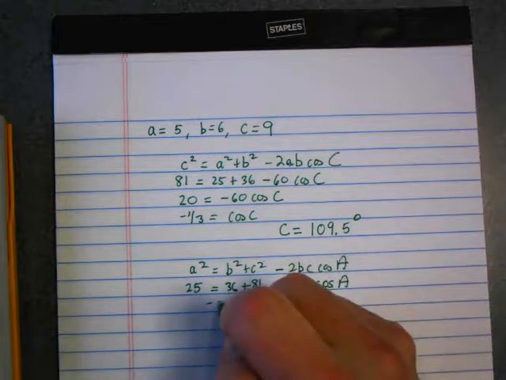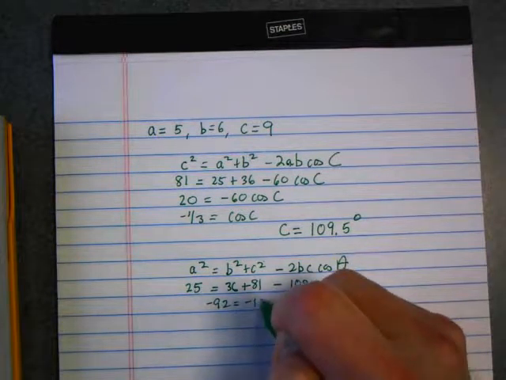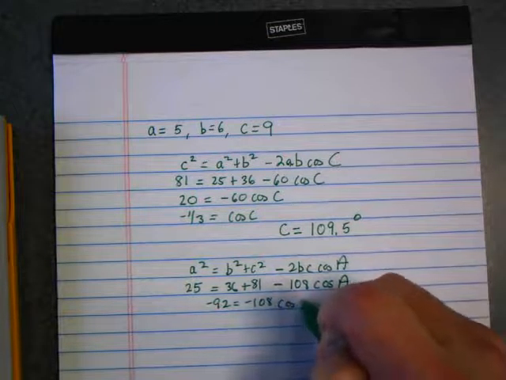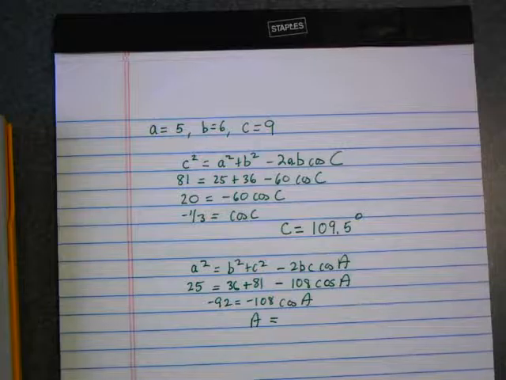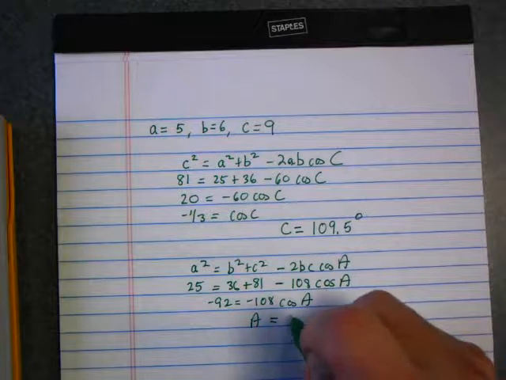Negative 92 equals negative 108 cosine A. Divide, do the cosine inverse thing. A is 31.6 degrees.